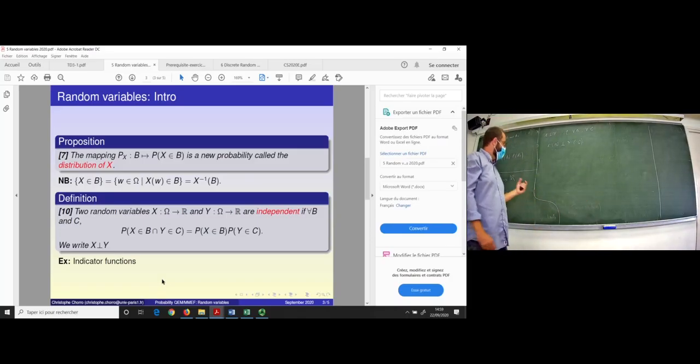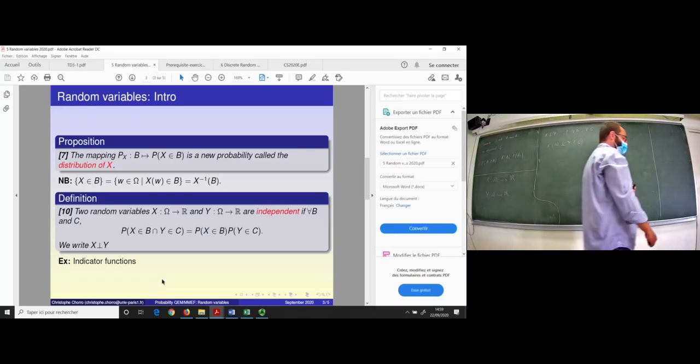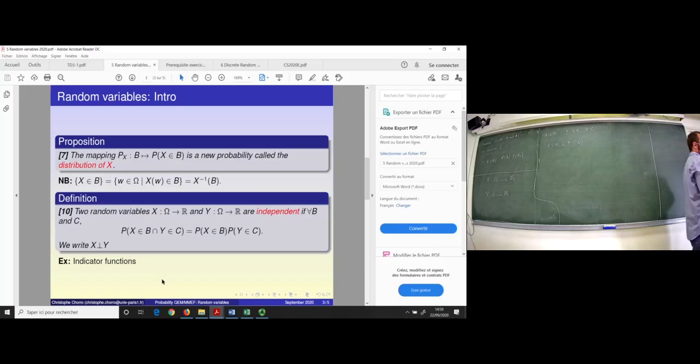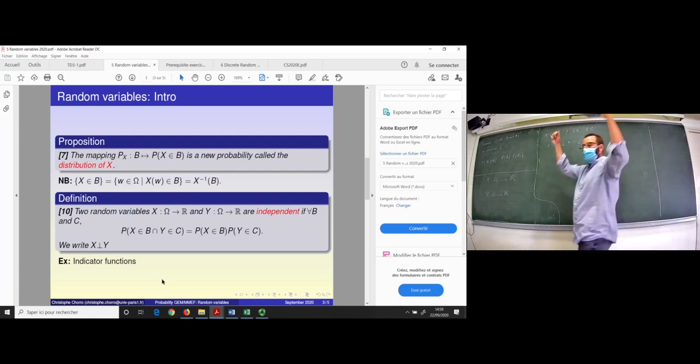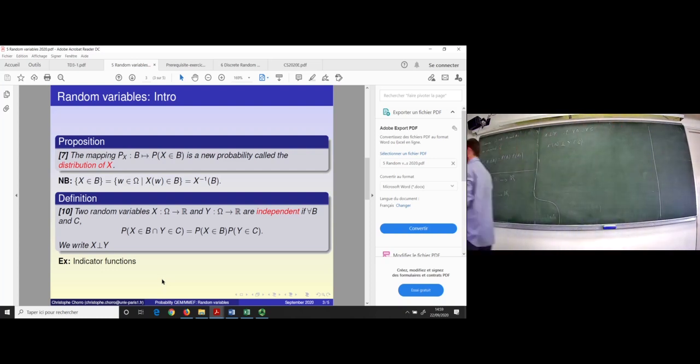So to say that two random variables are independent just means that all the associated possible preimages are independent in the sense of sets. Okay? So it's just an extension of what happened in the case of sets. And for random variables, it has to work for all possible preimages. It's exactly what I have written in the definition.